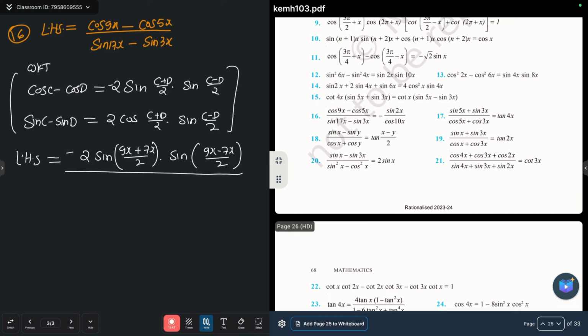Downside, sin C minus sin D is 2 cos (17x plus 3x) upon 2 into sin (17x minus 3x) upon 2.